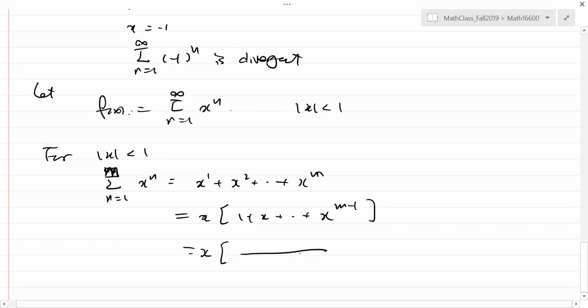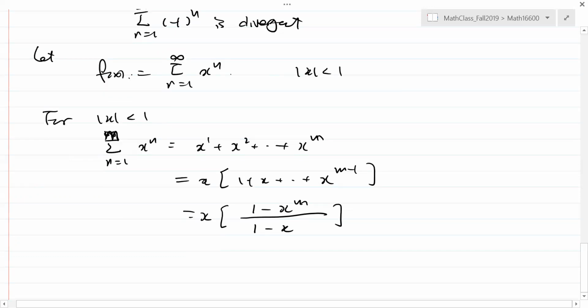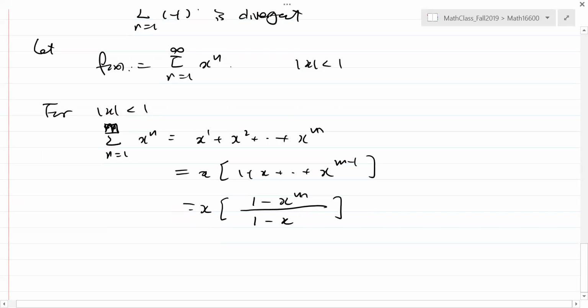So this is going to be x times (1 minus x^m) over (1 minus x). If m approaches infinity, this clearly approaches x over (1 minus 0), that is, x over 1 minus x.